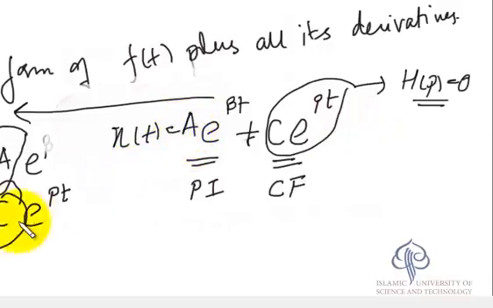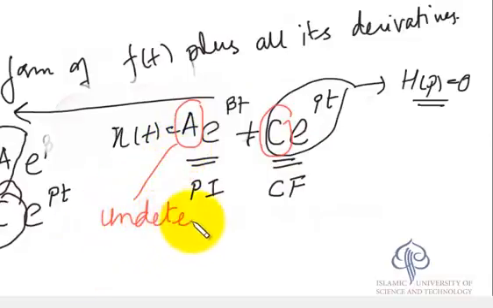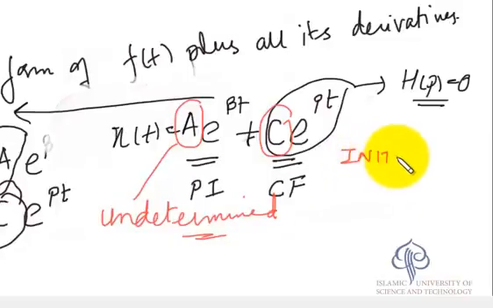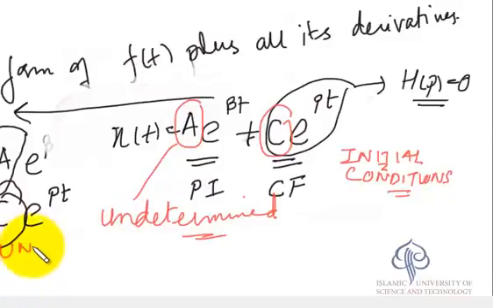What is left after this, the third step, is to find A and C. These are undetermined coefficients, and they need to be found through our knowledge of initial conditions. That's why this method is called the method of undetermined coefficients.